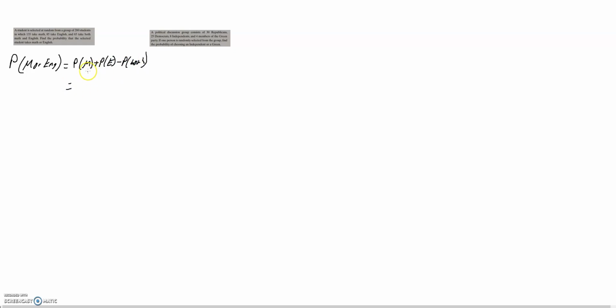Okay? So first, the probability that they take math is 135 out of our total of 200, plus the probability they take English, 85 out of 200, minus the probability of both, well, 65 of them do both. 135 plus 85, that's going to give me 220, of course. 220 minus 65 should give me a grand total of 155 out of 200.